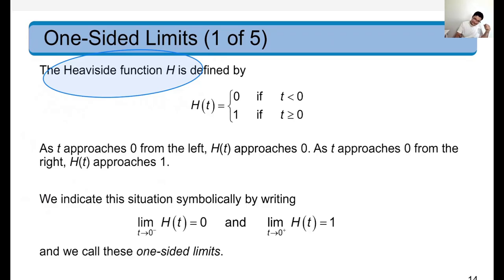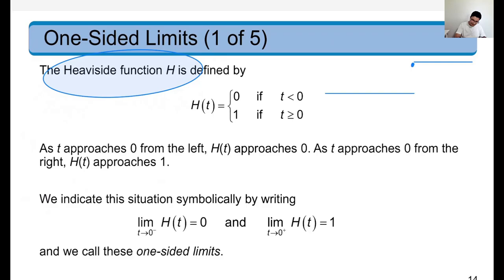How it is defined: 0 for t less than 0 and 1 for t equal or greater than 0. So this is something like, it is 0, 0, 0, like at this level, and suddenly at a certain time, or whenever you start counting, it jumps to 1.